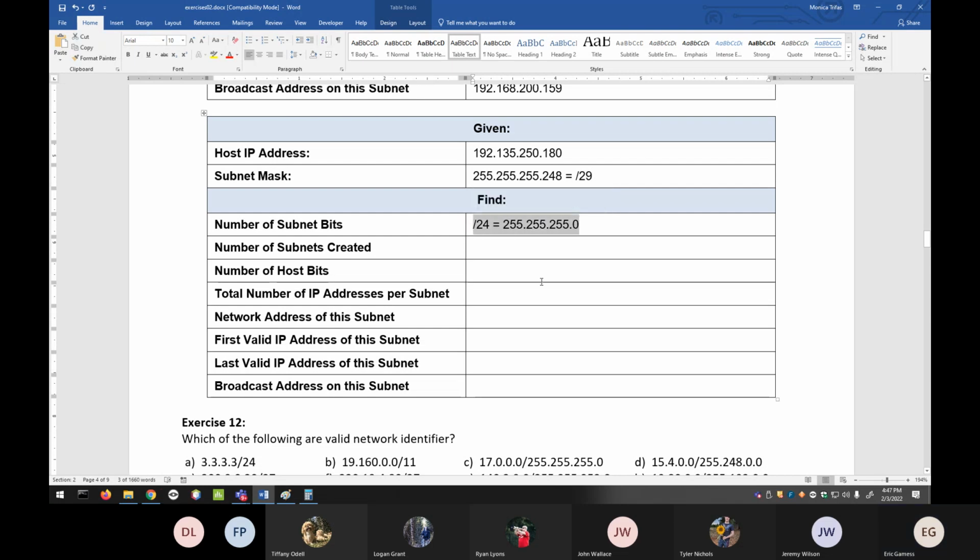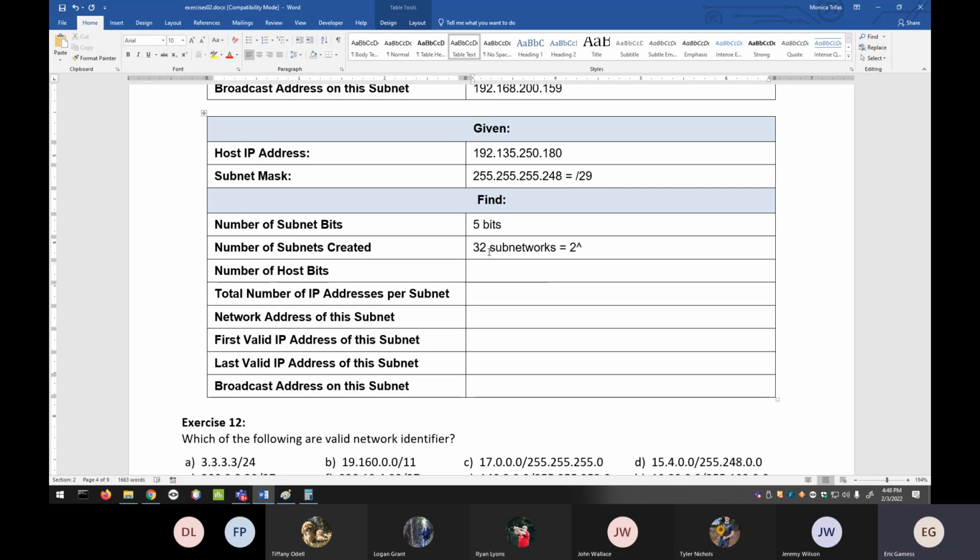So how many bits did we borrow? 5 bits. Okay. If you borrow 5 bits, how many subnetworks can you create? Correct. 32 subnetworks. 2 to the power of 5.